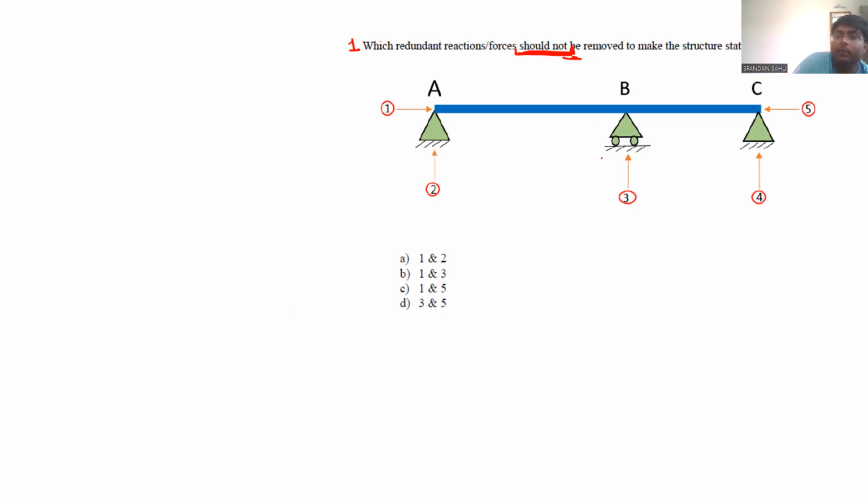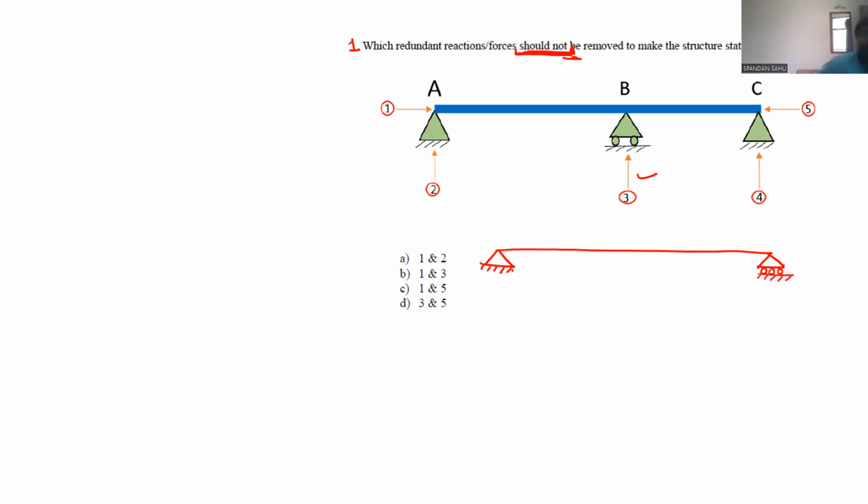Okay, you are telling if we will remove 3 and if we will remove 5, then what will happen? Your structure won't be statically determined. Okay, let us remove 3. If 3 will be removed, there will be nothing left. If 5 will be removed, then horizontal reaction is removed, so it will be like this.